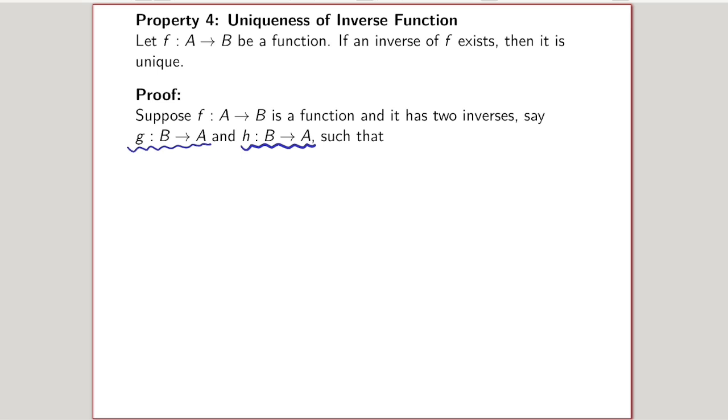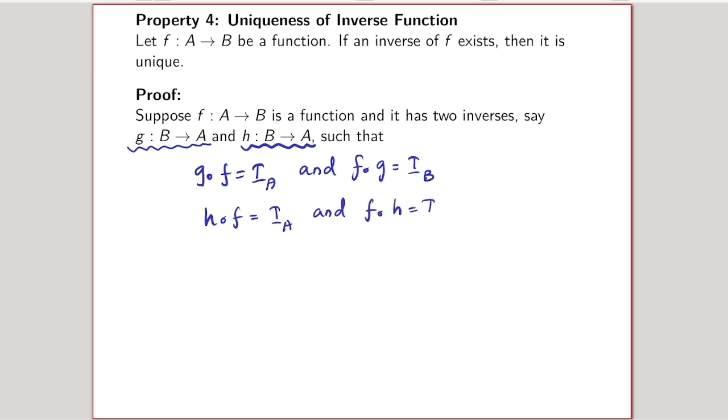So if g is an inverse of f, if I take the composition g with f, I'll be getting the identity map on the domain of f, and f composition g will be I_B. Similarly, h composition f will be I_A and f composition h will be I_B. So these four conditions are very important.